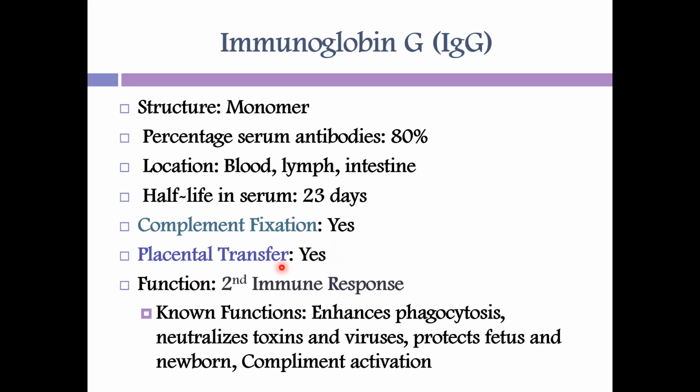It can pass the placenta, and it is also called the secondary antibody, the secondary immune response, or chronic. All chronic infections mainly contain this immunoglobulin G, and its major functions are to enhance phagocytosis, neutralize toxins and viruses, protect the fetus and newborns because it passes the placenta, and complement activation.